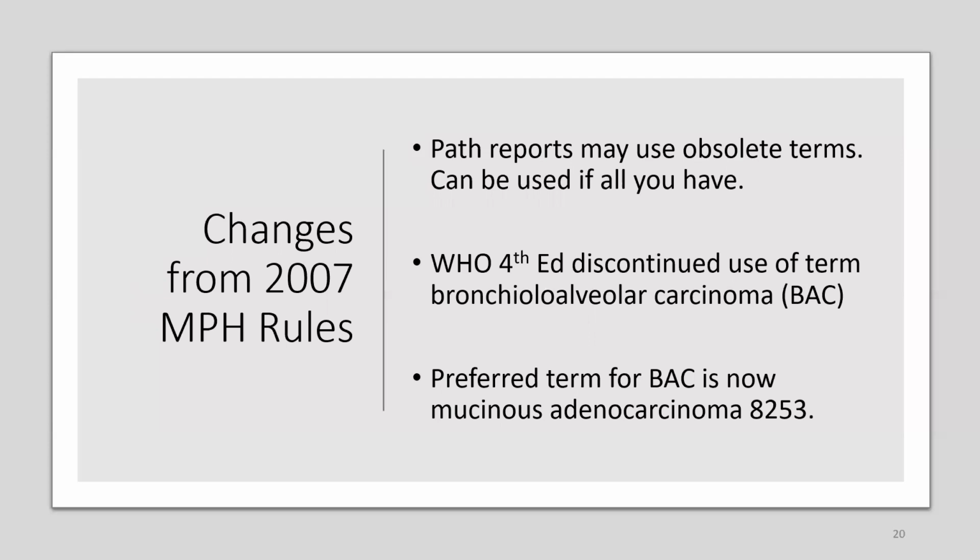The WHO 4th edition, which was updated in 2015, has a new classification for adenocarcinoma, the bronchoalveolar carcinoma. They are discontinuing the usage of that BAC starting with 2018 and forward, and the preferred term now is mucinous adenocarcinoma, so the 8253.